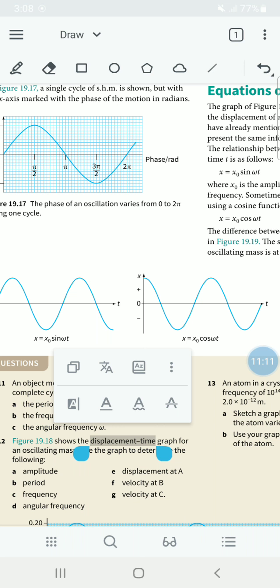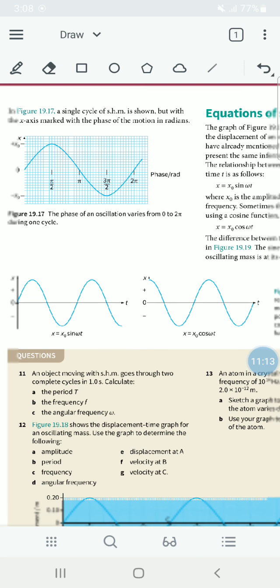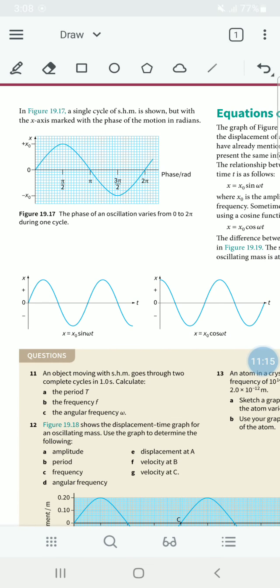It shows that at the starting point, the displacement is 0 or at its highest.